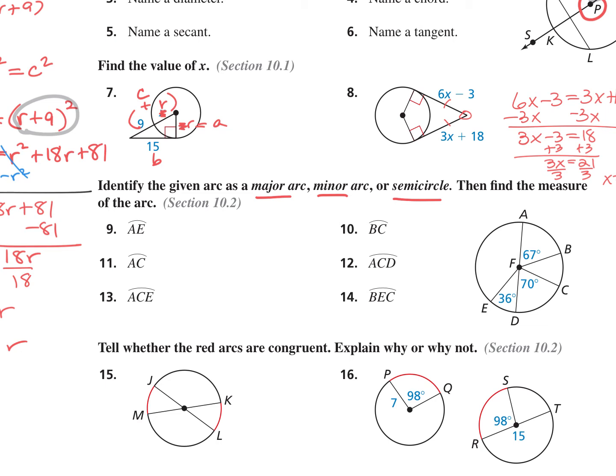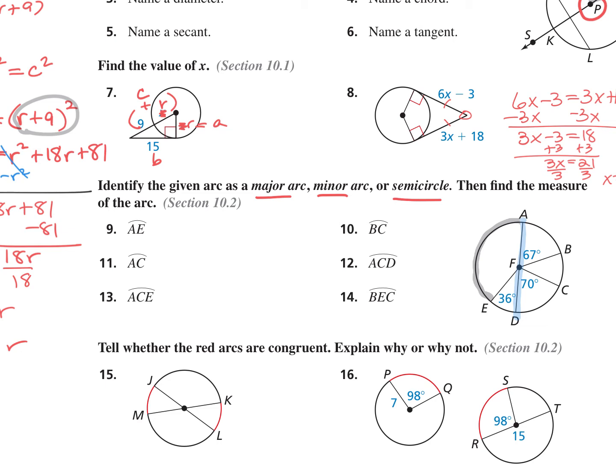So for example, to find the measurement of AE here, what I would do is realize that I have a diameter, and you're going to be told that in circle, whatever, AD is a diameter. Because once you can find the diameter, then you can find the semicircle arc, and then you can just subtract things from 180. And that's what I'm going to do to find AE here.